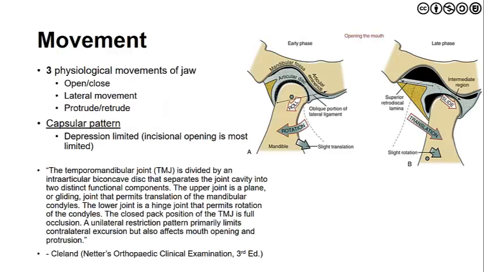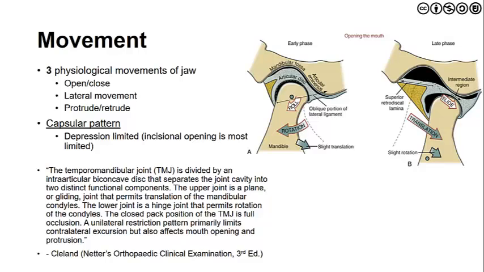Now, we've noted a couple different components with movement. It's important that we look at this just a little bit further. And so with opening and closing, that being the most normal movement of the jaw, there are some both physiologic as well as accessory or articular motions that we want to be aware of. Again, we have this interarticular biconcave disc, right? The upper joint is more plane and gliding, whereas the lower joint is more of a hinge joint as well as a degree of rotation.